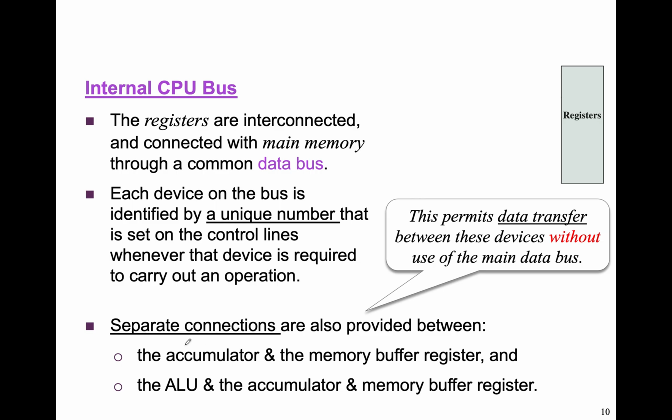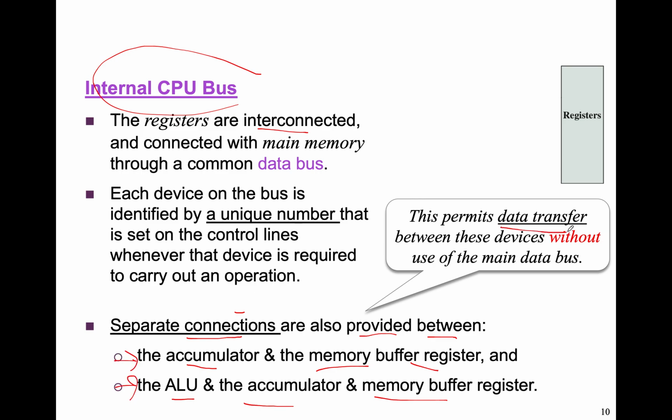Separate connections are also provided between the accumulator and the memory buffer register, and also the ALU. So you need to know that not only interconnected paths are available, but separate connections are also provided in your internal CPU bus, between this and this.